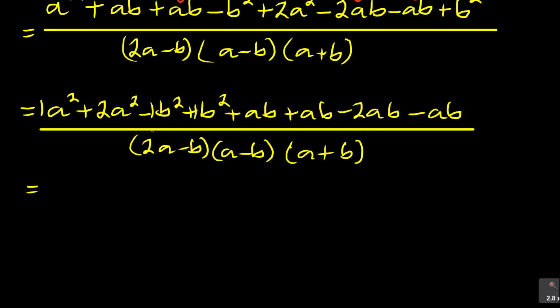That is algebra. Now your calculator will just help you. Don't worry with the a squared, b squared, and all this stuff. Just focus on what is common. Now you grouped a squared and 2a squared, meaning you can now add 1 plus 2, which is 3a squared. You see that? And then we are on the next one, minus 1 plus 1. This becomes 0. You can check it with your calculator.